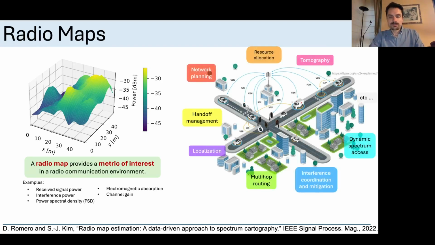And radio maps find a great number of applications because they allow us to know the quality of the connection at a given point before we actually go there, right? So this is, for instance, relevant if we need to plan the trajectory of an autonomous vehicle that needs to be connected to the network.